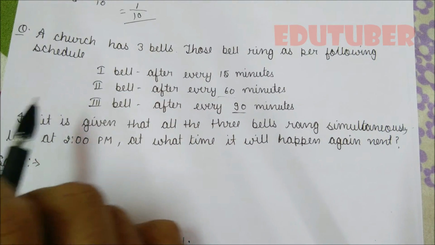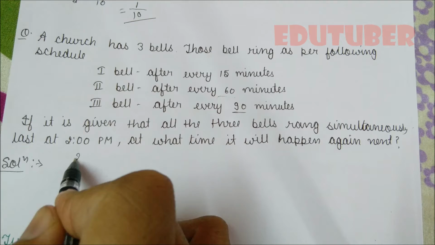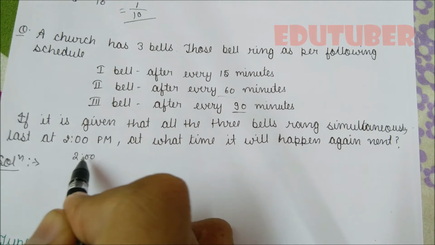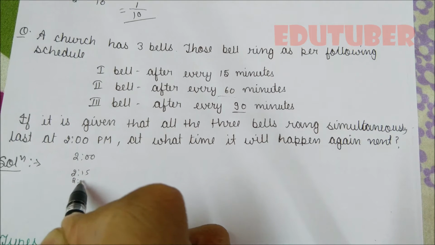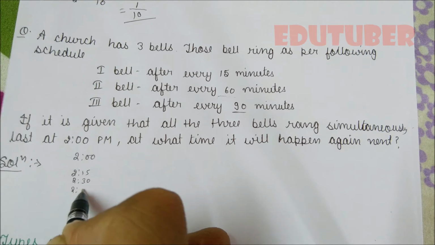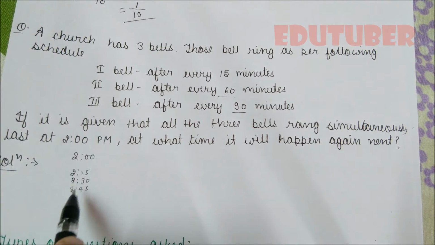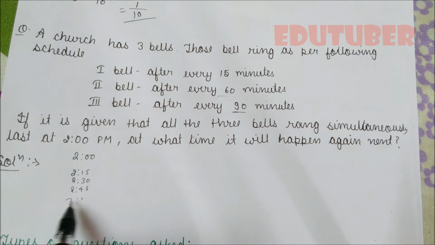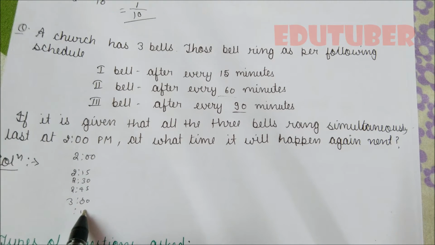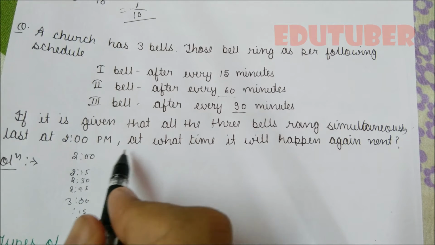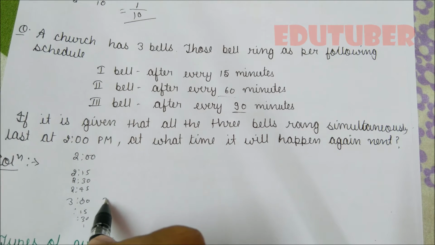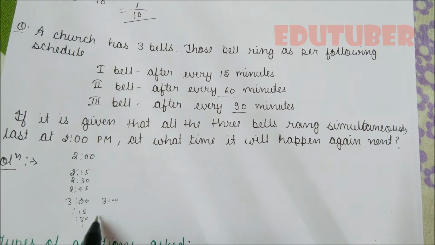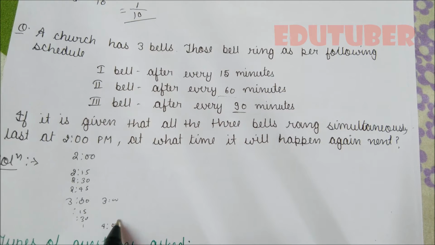Means if it is 2 p.m., the first bell will ring at 2:15, then 2:30, then 2:45, then 2:60, means 3:00, then 3:15, then 3:30, and so on. The second bell, if it first rang at 2 p.m., will ring at 3 p.m., then 4 p.m. Are you getting it?